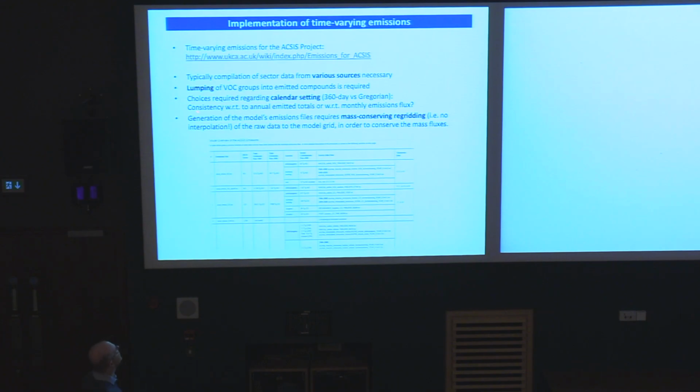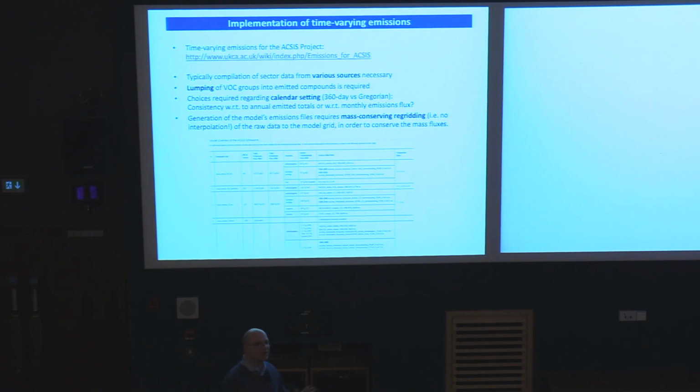The current standard is that Gregorian emission fluxes are used for either the 360-day calendar or the 365-day calendar. The thinking is that this is relevant for relatively short-lived compounds, because the emission flux needs to match with the loss processes, like deposition or chemical loss processes.